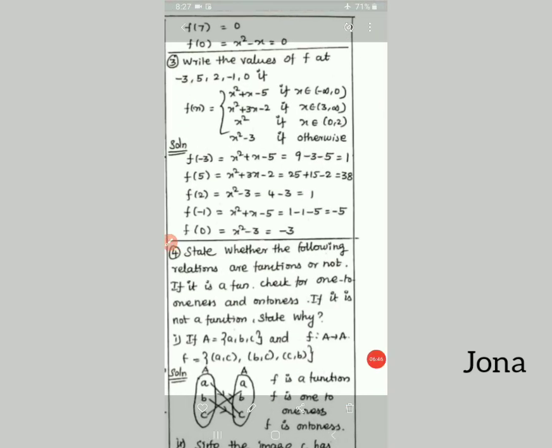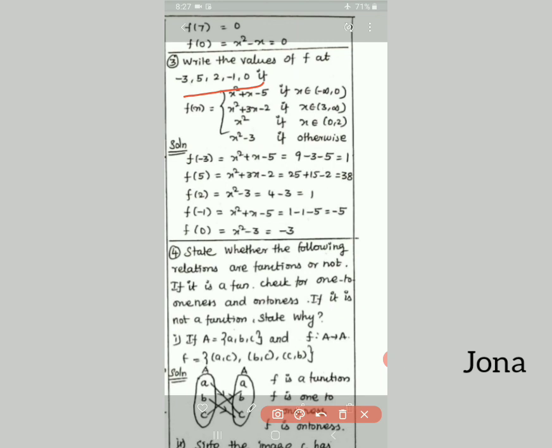Let me see the next problem. The third sum: write the values of f at, we have some more values here. According to this we want to find the values, like the second problem. Here the first one is minus 3. In which interval will it be there?